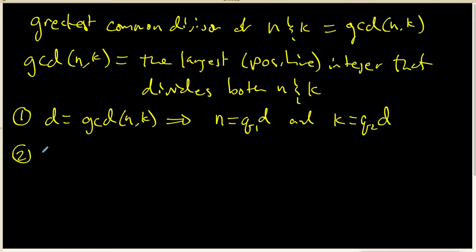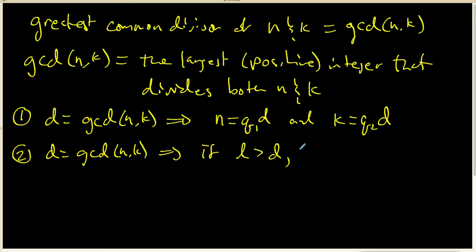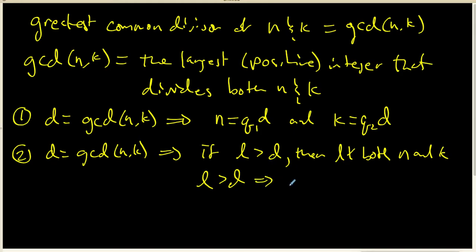It also tells me that if some number that I'm going to call L is strictly bigger than d, then L cannot divide both n and k. In other words, L bigger than d is going to imply L does not divide n, or L does not divide k. And this is an or. It could be that L divides n but not k. It could be that L divides k but not n, but clearly L is not going to divide both of them.